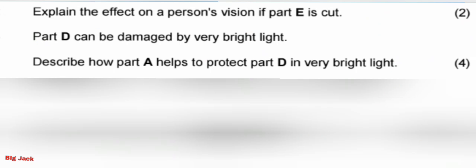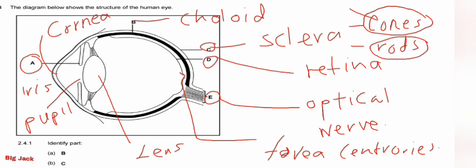Okay. Now the question says we need to describe how part A helps to prevent damage to part D in very bright light, 4 marks. I'm identifying that part A is the iris. So how does the iris help prevent damage to part D, which is the retina?